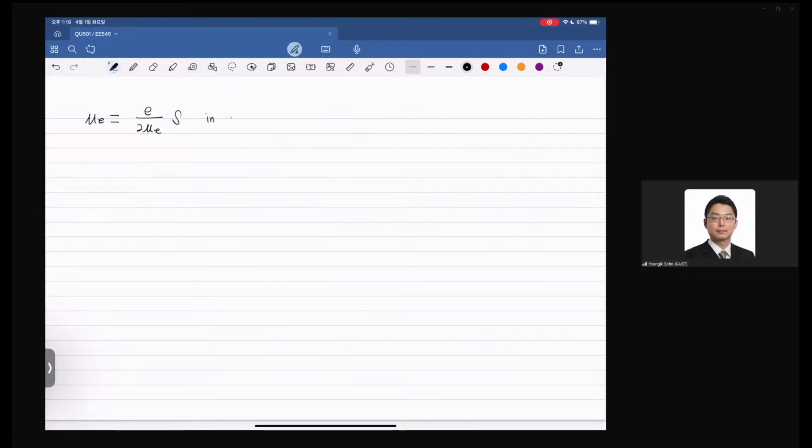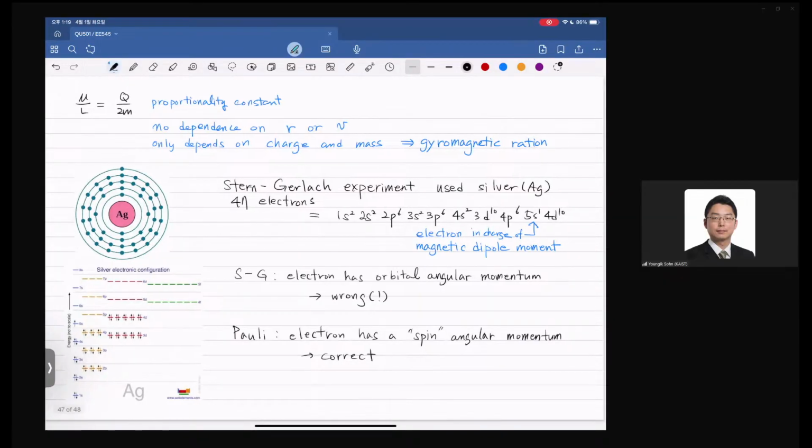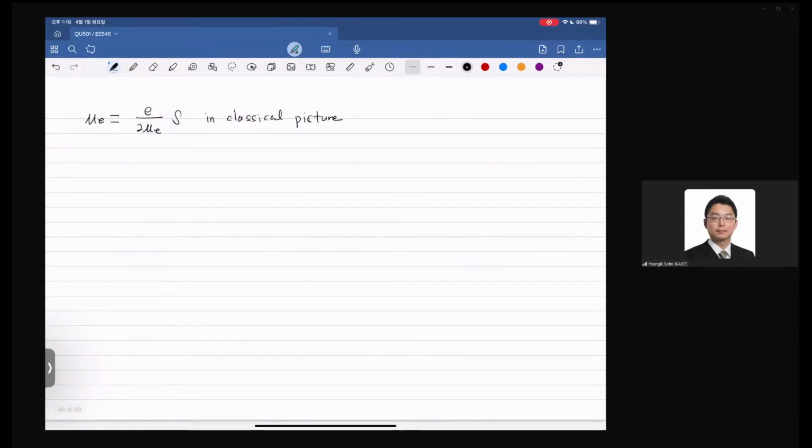In the classical picture, this is the equation we just derived together in the previous slide, right? Q over 2m. So I'm rewriting it with L replaced by S. So it turns out that you actually need to update this by accounting for relativistic effects.